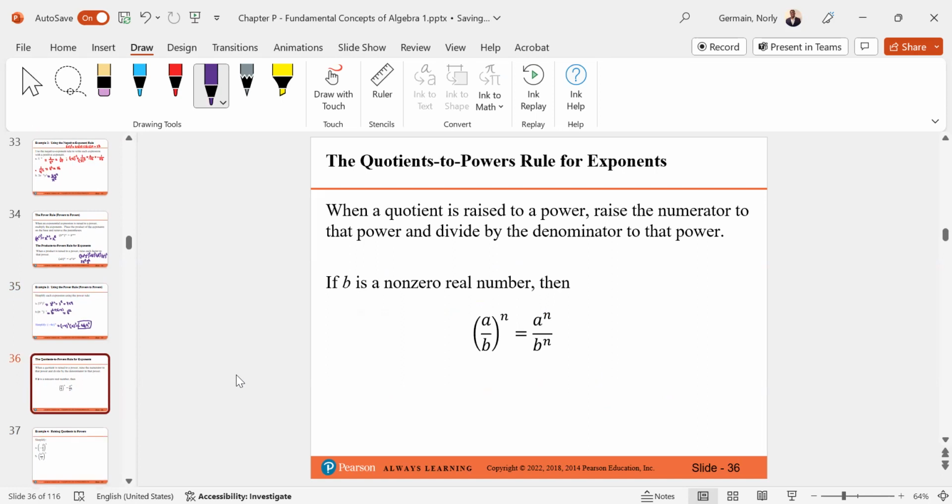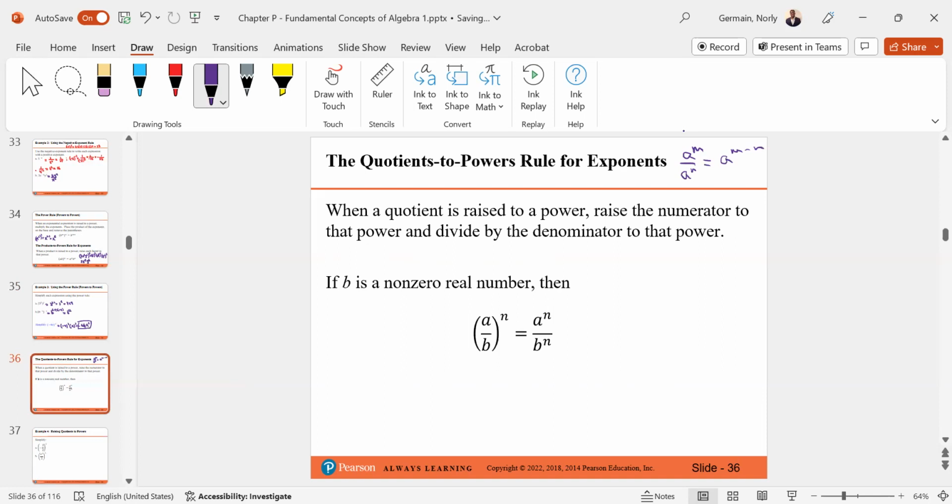What we mean by that: when a quotient is raised to a power, raise the numerator to that power and divide by the denominator to that same power. Now, look at the difference. When you have the same base with exponents, we subtract the exponents.